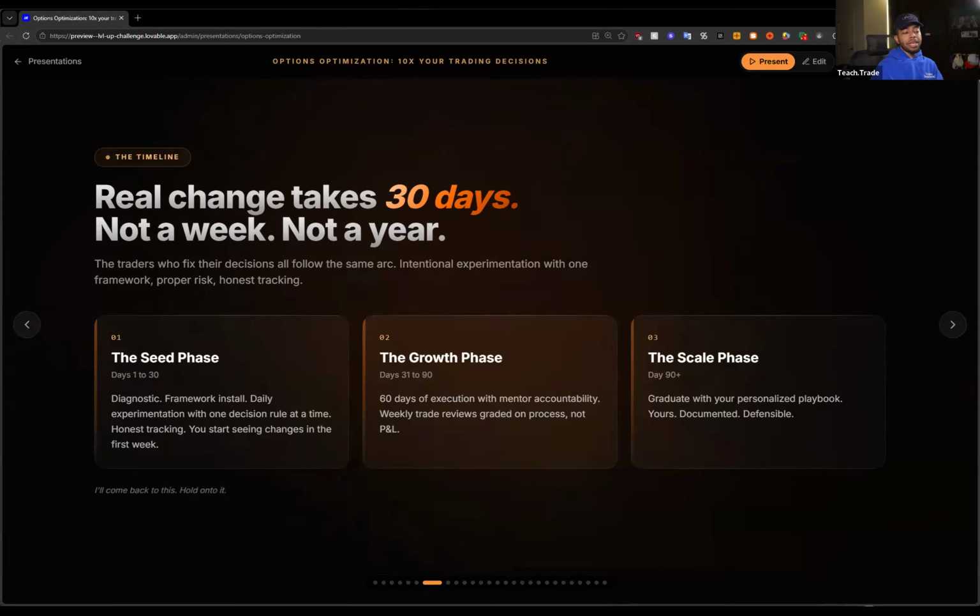But you just have to understand that this takes time, and it takes a specific layering of each component so that you have intentional experiments with your decisions, your risk management, and being able to actually track all of this. Anything that I'm saying can only be applied and you see progress if you're actually tracking it.